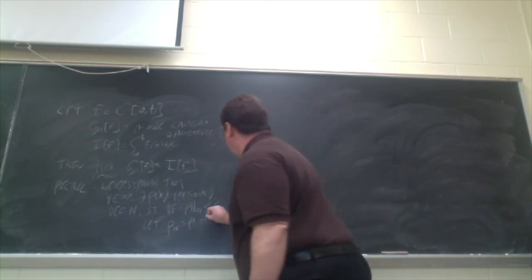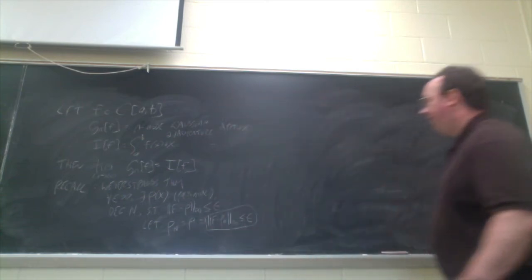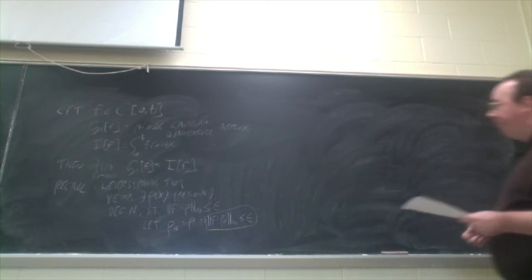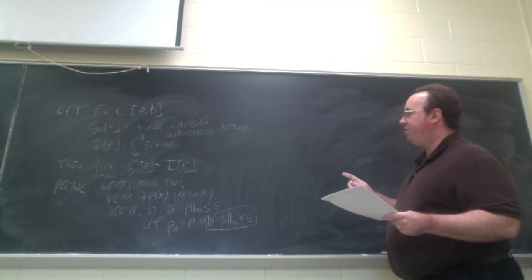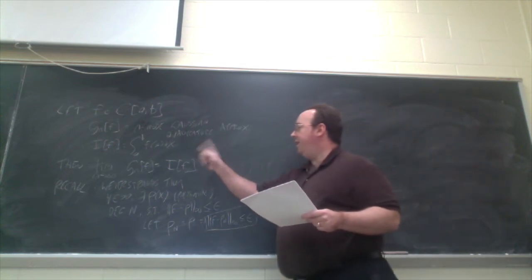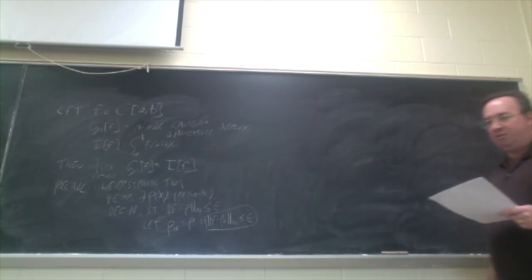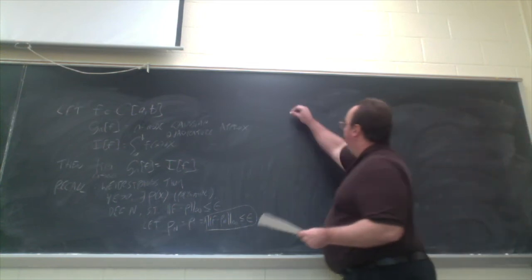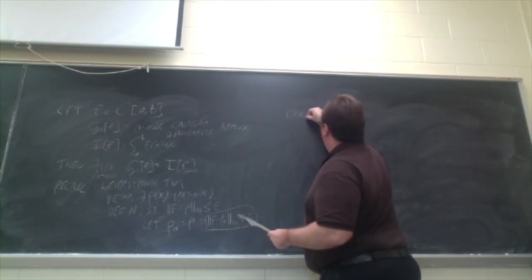So this is what I need going forward. In order to show that the error in my Gaussian quadrature approximation will converge to 0, I need to show that I can make this error arbitrarily small.